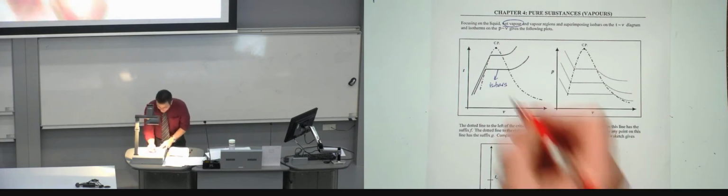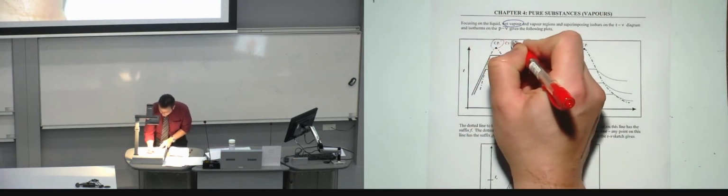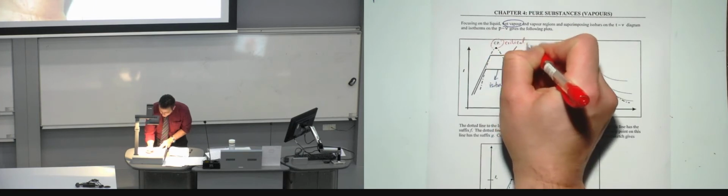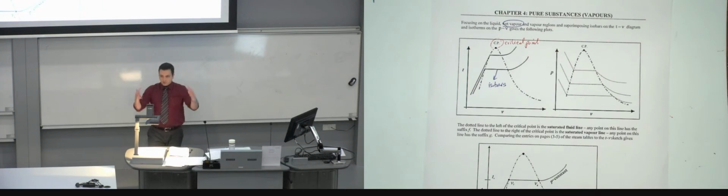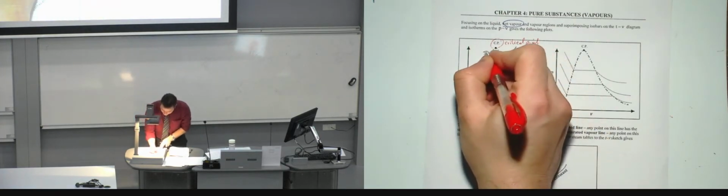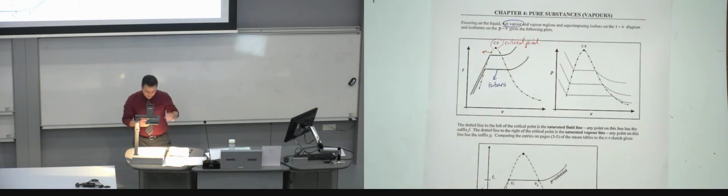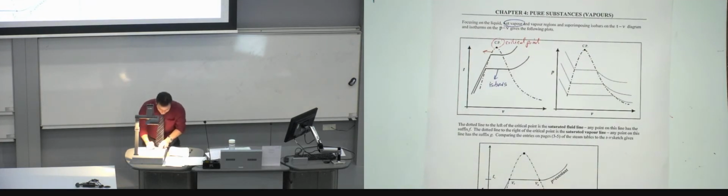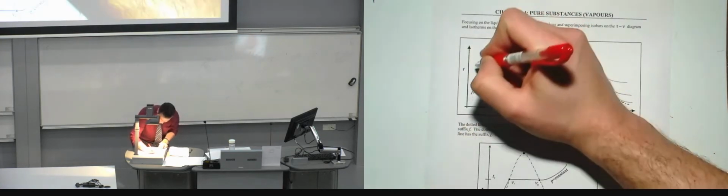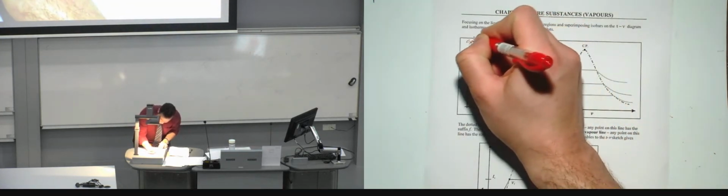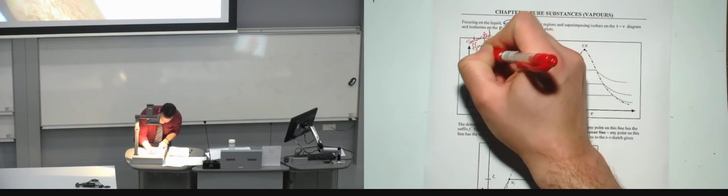A terminology again, just remember this is called the critical point. That is where these two dashed lines meet each other. This line here, on the left of the critical point, is the saturated fluid line. Just going to write this: saturated fluid line.